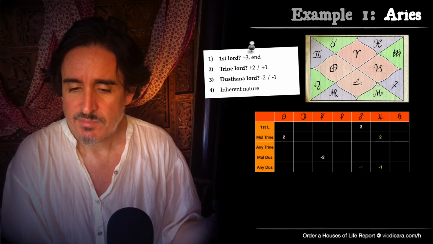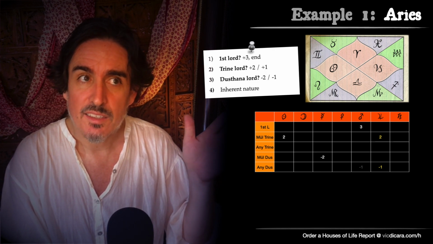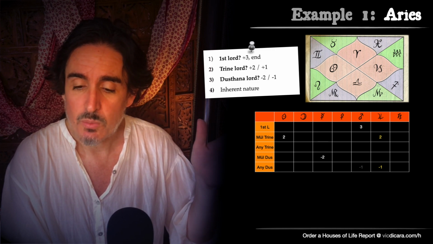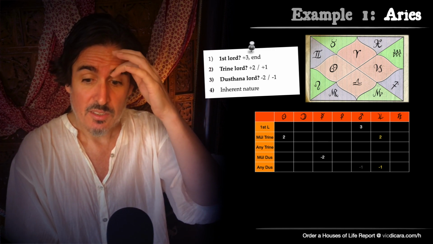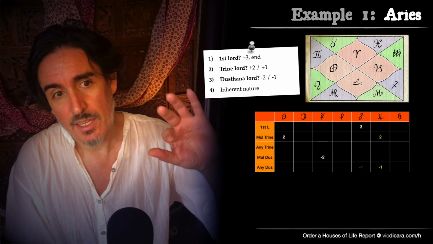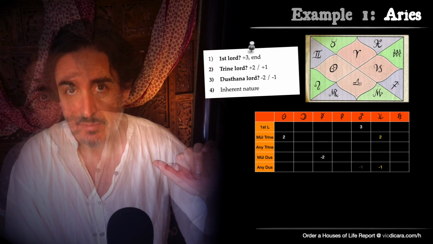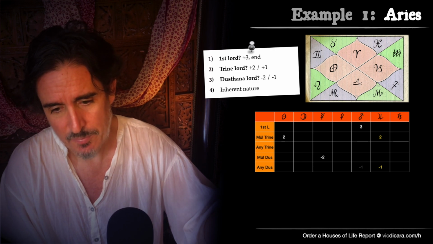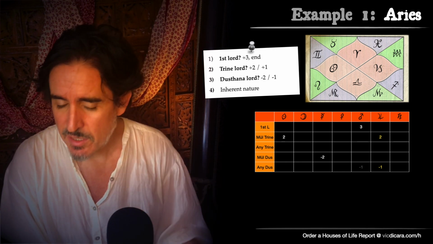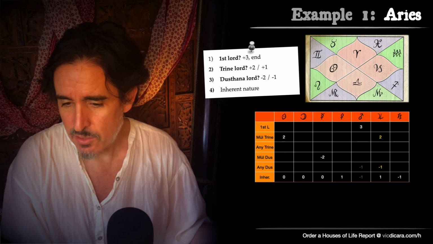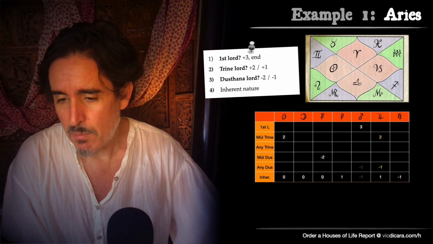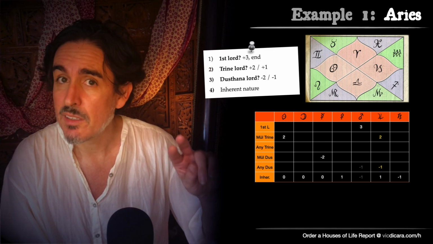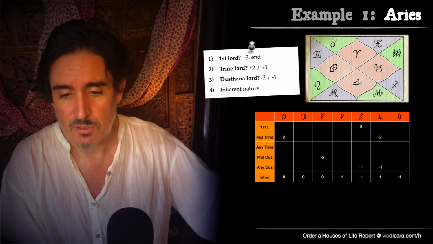And Jupiter, it's not the mula sign, so it's a -1 instead of a -2. So this is interesting. The planet can own both a trine and a dusthana, and that has to be considered side by side. Finally, we'll consider the inherent nature. So Venus and Jupiter will get a +1, and Mars and Saturn will get a -1, but the -1 doesn't affect Mars because Mars is the first lord.